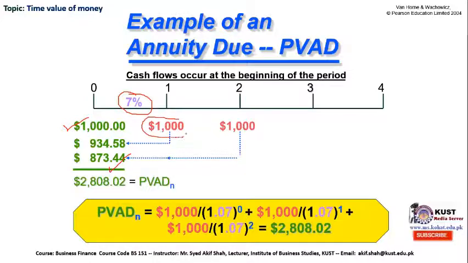At the start of second year, we are once again going to invest 1,000, which needs to be discounted back with the help of this formula, and it will give $934.58. Similarly, the last cash flow needs to be discounted as well, and after discounting all these values, you come up with $2,808.02.